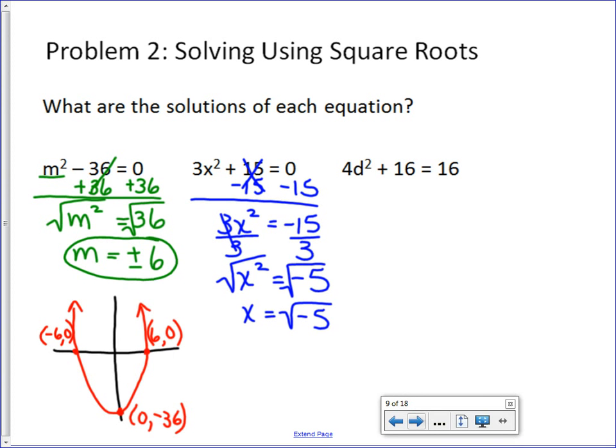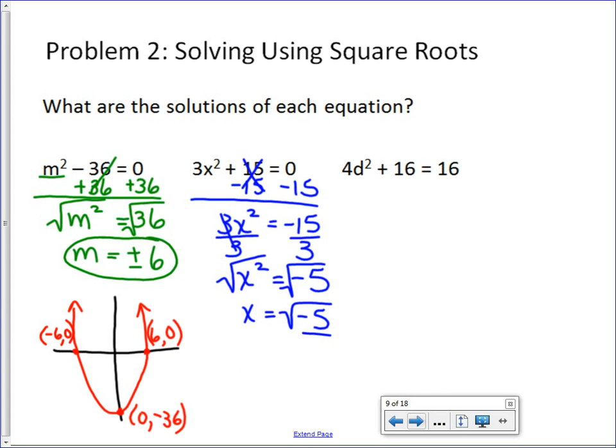If you put this into a calculator, you're going to get a message that says domain error. The reason that you get a domain error is there is no real number such that when you multiply it times itself, you end up getting negative 5. So here we would say x, actually I'll just take this away.